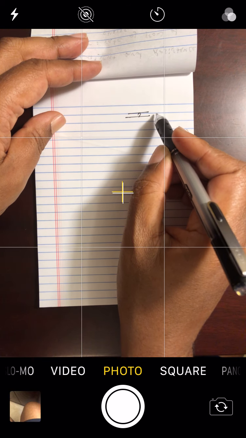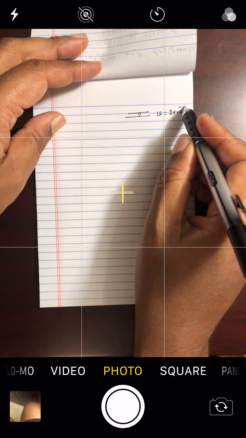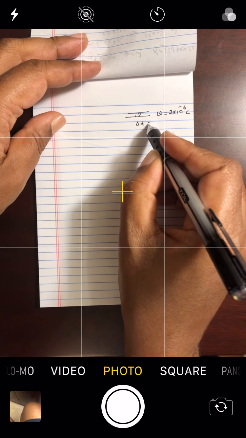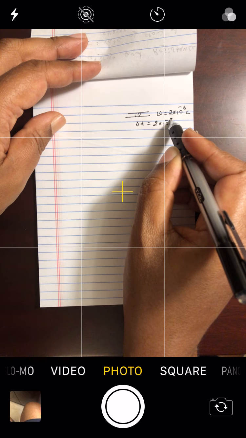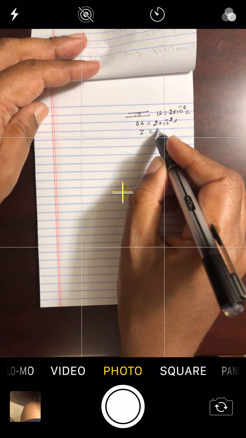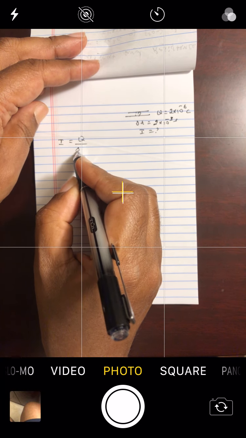This charge, 2 times 10 to the power negative 6 coulomb, crosses this in a time interval that is 2 milliseconds, or 2 times 10 to the power of negative 3 seconds. We're trying to calculate the current. Current is charge divided by time taken.